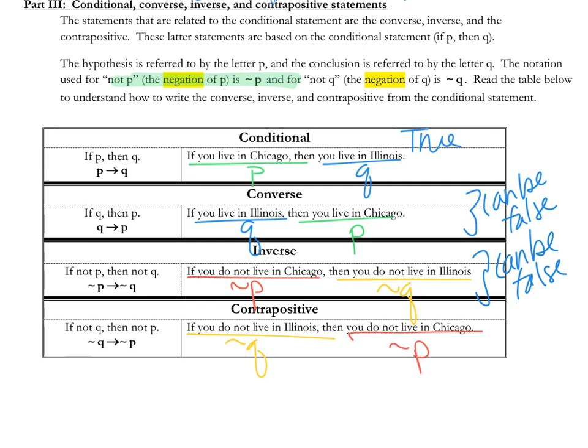Now the contrapositive, if the conditional is true, the contrapositive will also be true. Think about why. It says if you do not live in Illinois, then you do not live in Chicago. I mean, granted, there could be another Chicago somewhere in the world, but let's not take it that far. Okay, so if you do not live in Illinois, you do not live in Chicago.